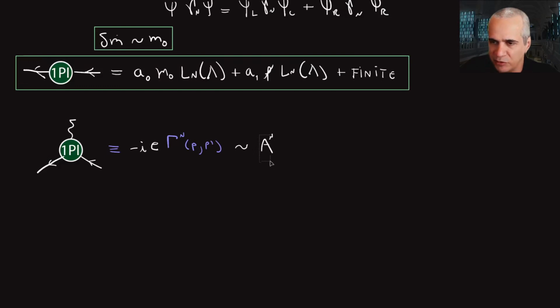A mu is already used for the photon, so I don't know, A0 mu, times a log of lambda, which is the d equals 0 part, the logarithmic divergence, plus finite terms. And that's pretty much it.